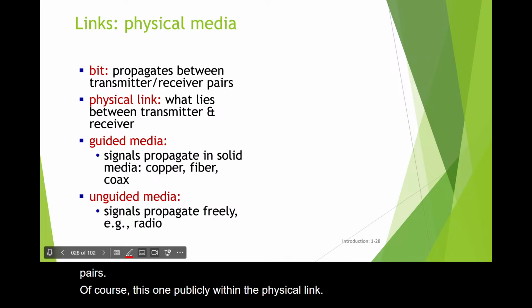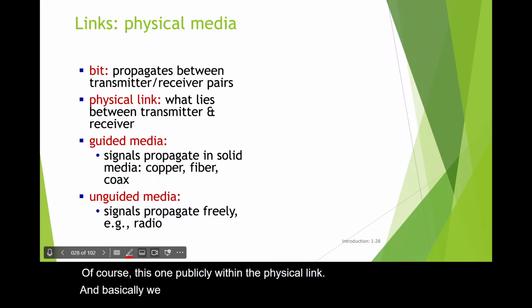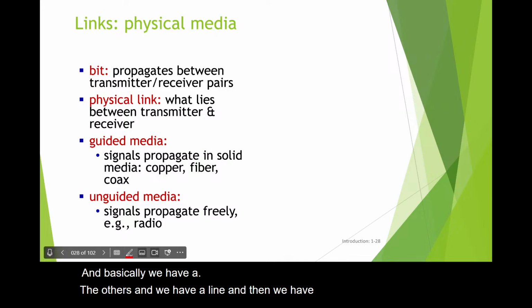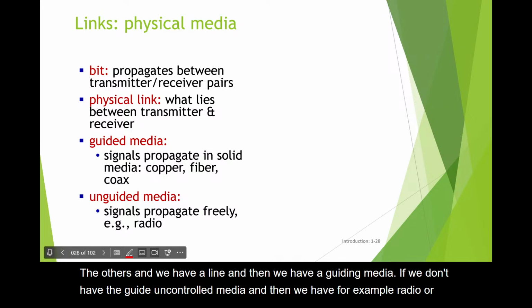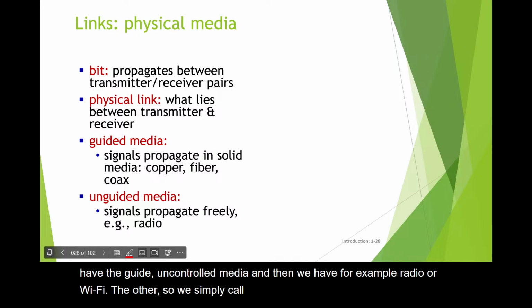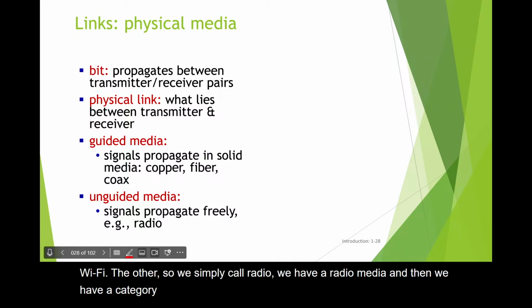Physically, we have a line, a guided media. If we have unguided media, then we have, for example, radio or Wi-Fi. So we simply call it radio media, a category called unguided media.